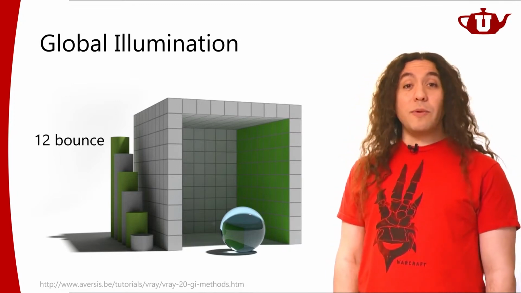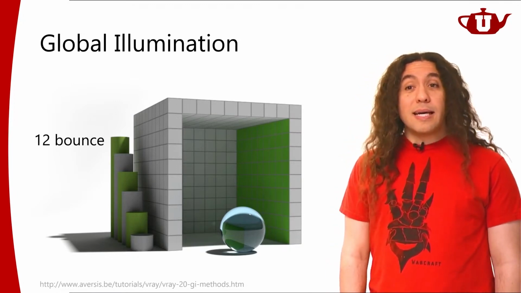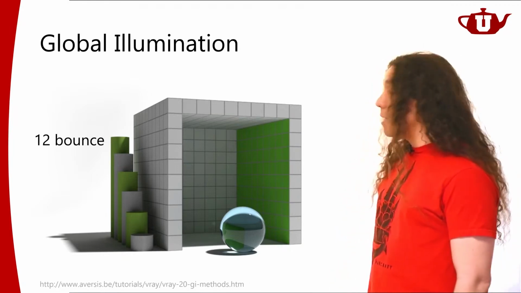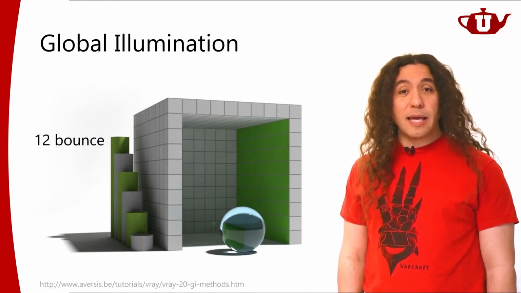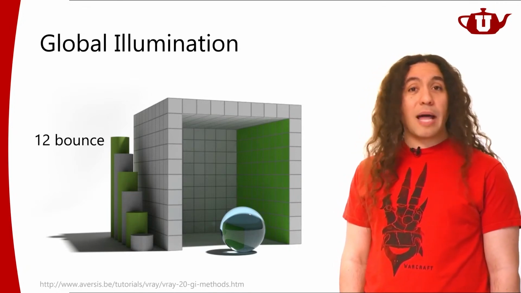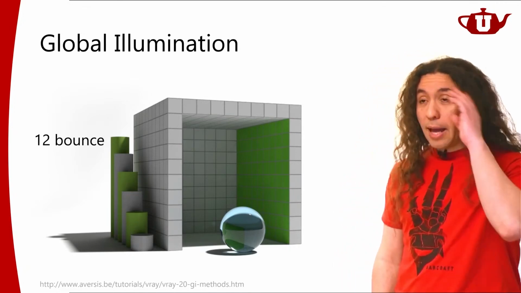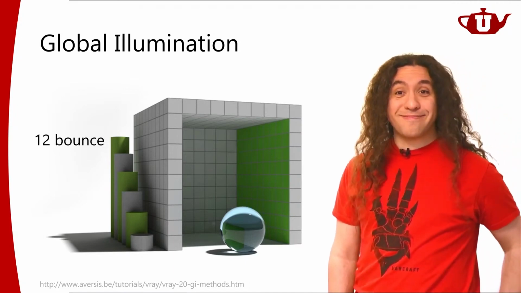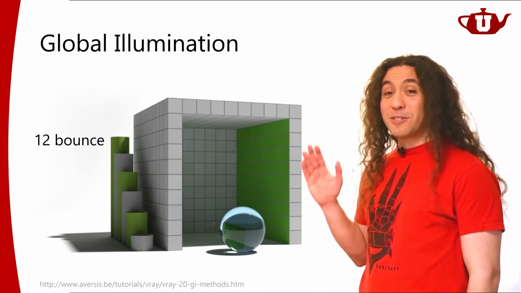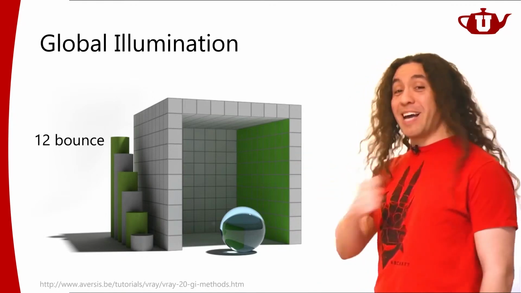Now, how many bounces do we need? Is not easy to answer, actually. It really depends on the scene and the kinds of materials you have, the kind of lighting you have in the scene. Because if you have, for example, a perfect mirror, that mirror is going to reflect light exactly as it is.